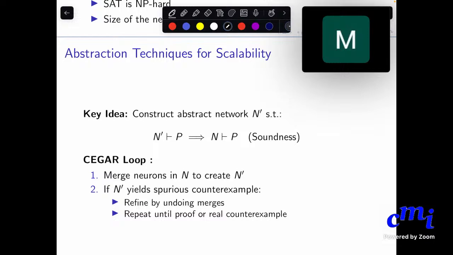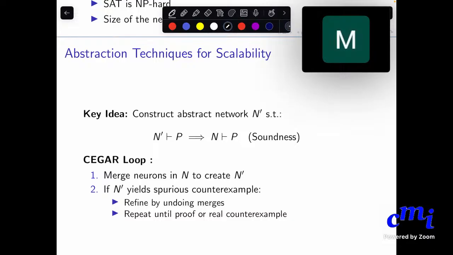The techniques which we were made aware of in class, and which another of our batchmates has also presented, are the CEGAR techniques and CEGAR-like techniques, which are based on merging and unmerging of nodes. We merge the nodes to come up with an initial abstraction, and then depending on spurious counter examples, we keep unmerging the merged nodes.